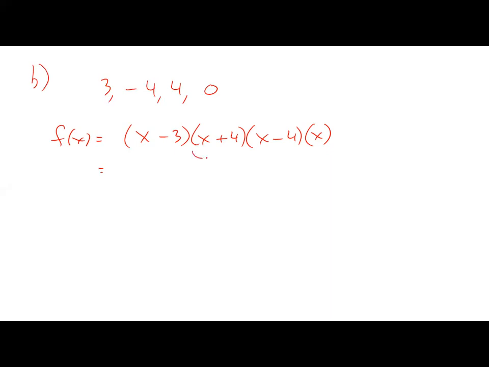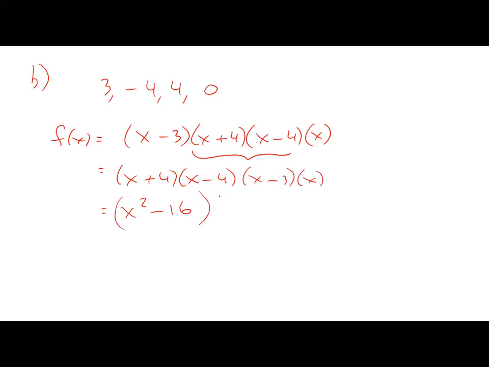Cool, yeah, I think I'd multiply these guys first, because what's x +4 times x -4 going to give us? X squared -16 maybe? And then if you multiply x -3 times x. You could just get things more complicated into it.